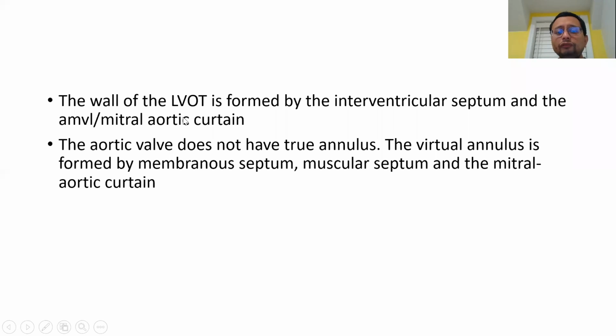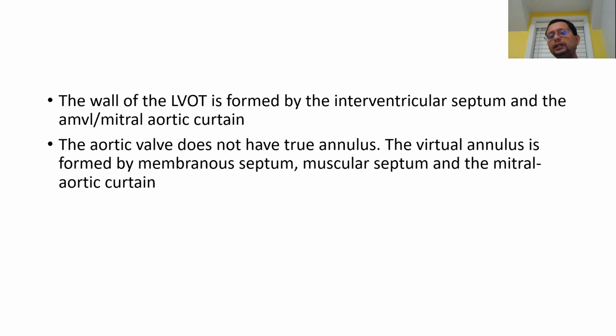When you look at the wall of the left ventricular outflow tract, meaning where the blood goes out, this tract wall is formed by the interventricular septum and what we call the mitral-aortic curtain, which I will show you a bit later. Just now we talked about the mitral valve on the left side, which has 2 leaflets. What about the aortic valve?